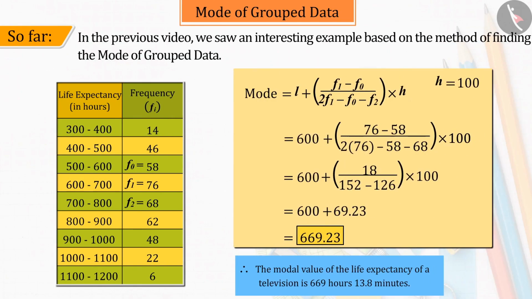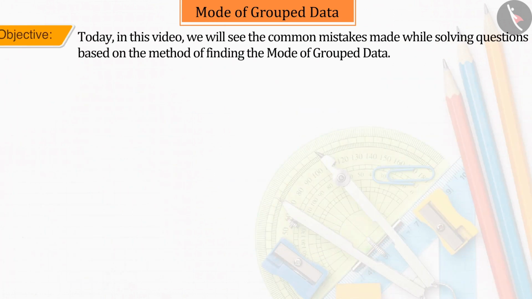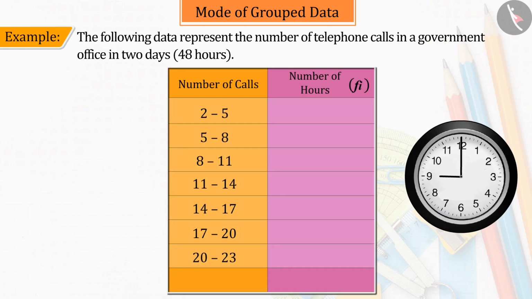In the previous video, we saw an interesting example based on the method of finding the mode of grouped data. Today in this video, we will see the common mistakes made while solving questions based on the method of finding the mode of grouped data. The following data represent the number of telephone calls in a government office in 2 days, that is 48 hours.